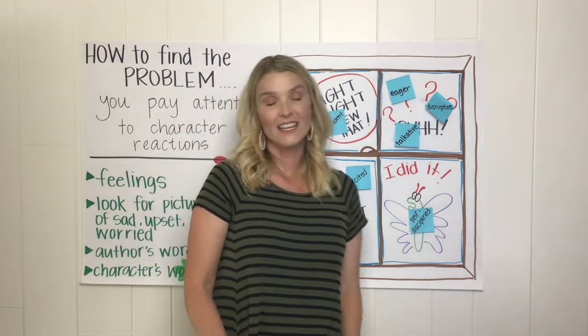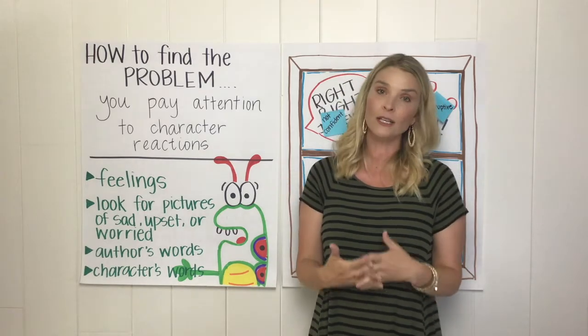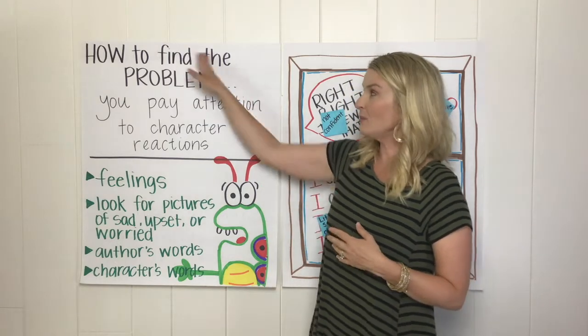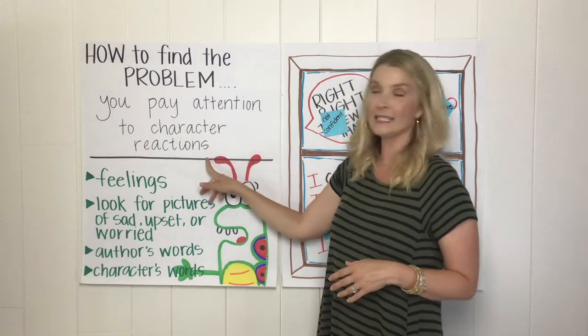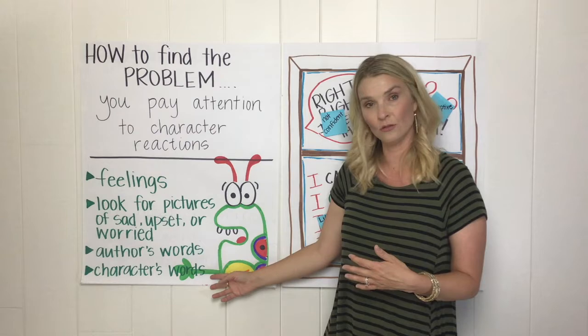So readers, you have worked so incredibly hard today. We've reviewed the Story Mountain. We have taken that to make sure we can identify our problem correctly by really analyzing characters' reactions, by what they say and what they do.